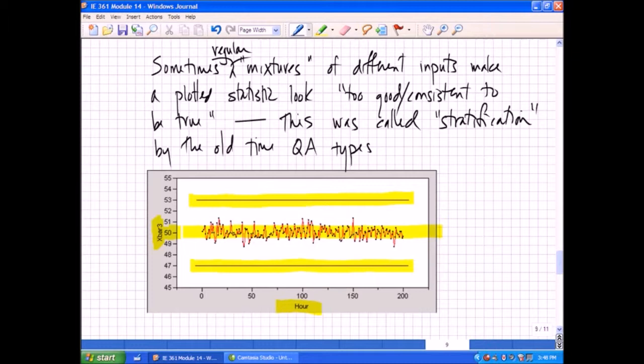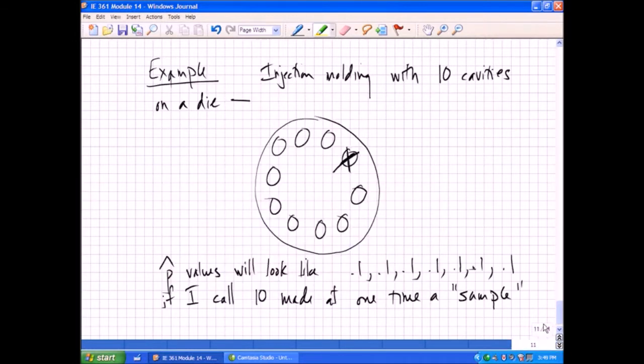And the jargon that people have invented for that possibility is stratification. So it's a discussion of this idea of stratification.